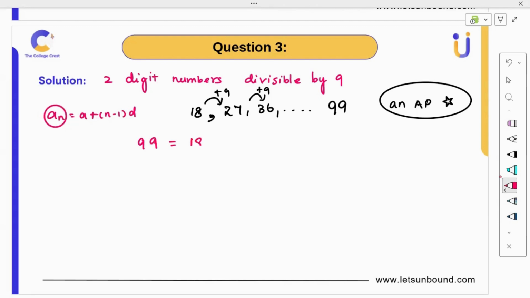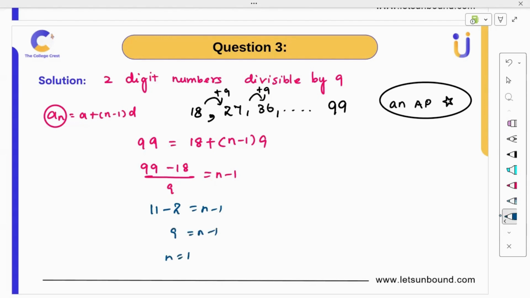So 99 equals a plus, a is 18, n minus 1, d is 9. So 99 minus 18 divided by 9 equals n minus 1. 99 and 9 if you divide, 11. 18 and 9 if you divide, it's 2. So 9 equals n minus 1, n equals 10. So we have 10 terms which are divisible by 9.